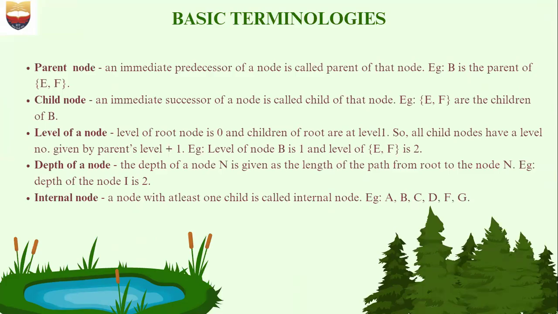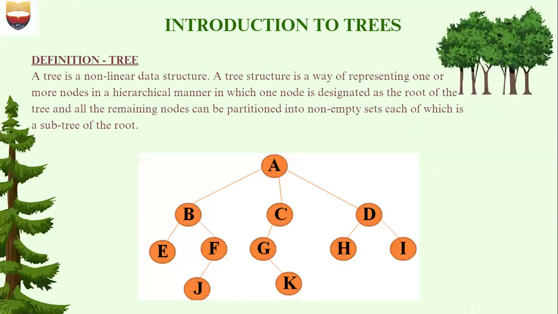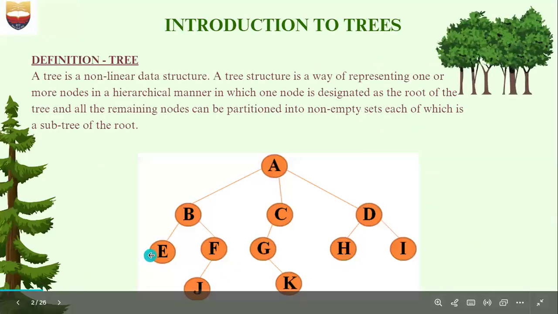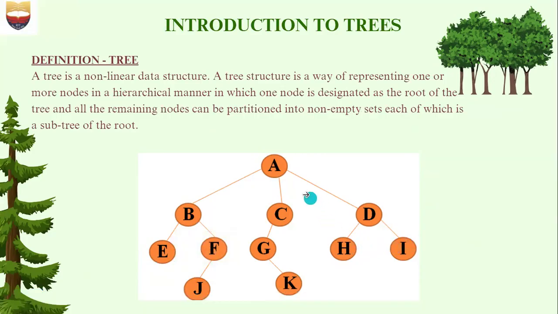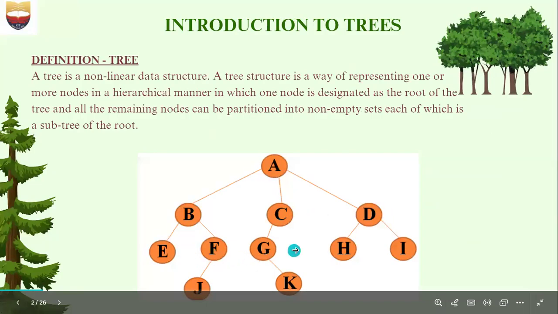Here, example is A, B, C, D, F, G are the internal nodes of the given tree structure. Leaf nodes are here E, J, K, H, I. And all the remaining nodes are said to be internal nodes of the tree. That is A, B, C, D, F, G, and that's all. These are the internal nodes, right?